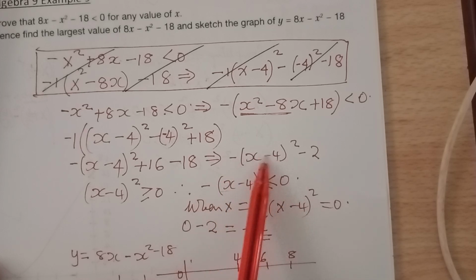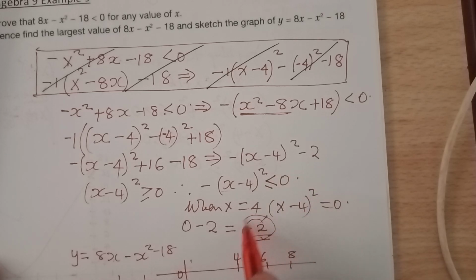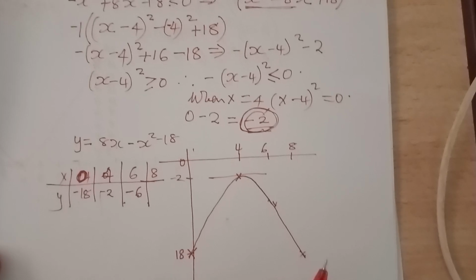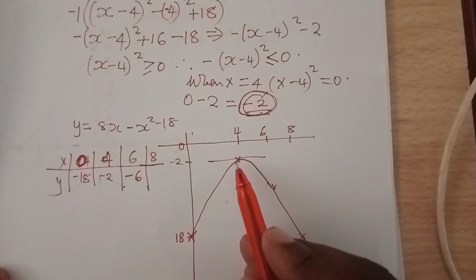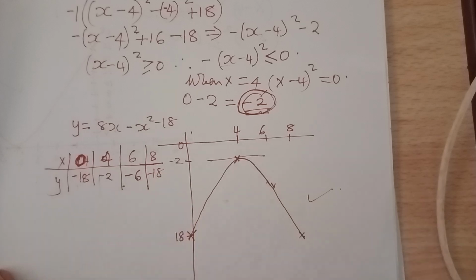So the highest of this bracket is 0, and 0 minus 2 will always be equal to minus 2. That is why we have said that negative 2 is the largest value. And using the graph again, we can see that our graph does not go beyond negative 2, and that is exactly what we needed to show, and we have shown it.